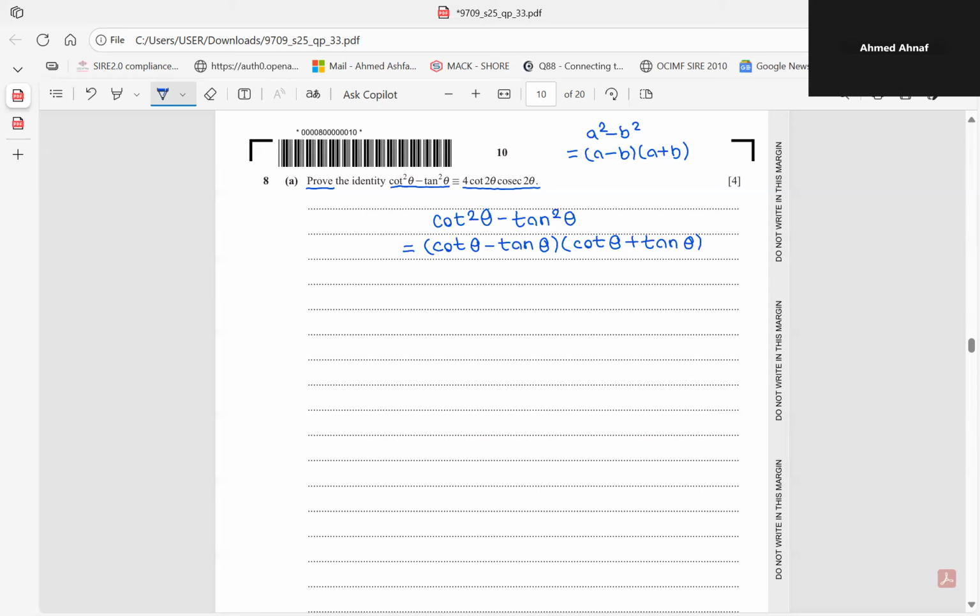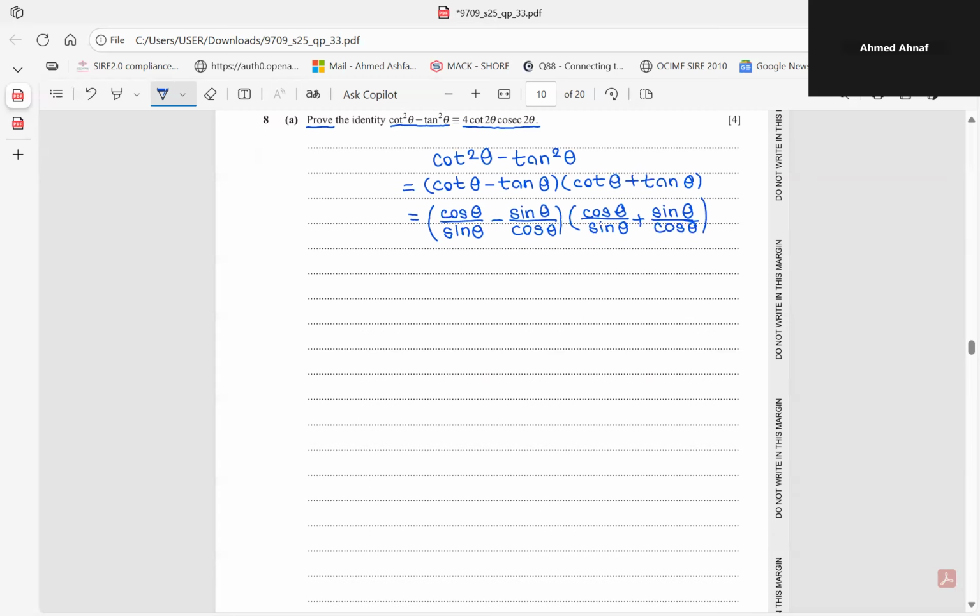All right. Now we're just going to express everything in terms of cosines and sines. Okay, so cotangent theta we know is equal to cosine theta over sine theta, so write it like that. And then minus tangent theta, which is just sine theta over cosine theta, times cotangent theta, which is cosine theta over sine theta, plus sine theta over cosine theta.